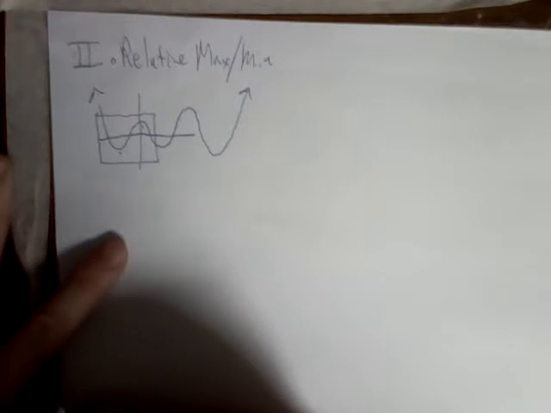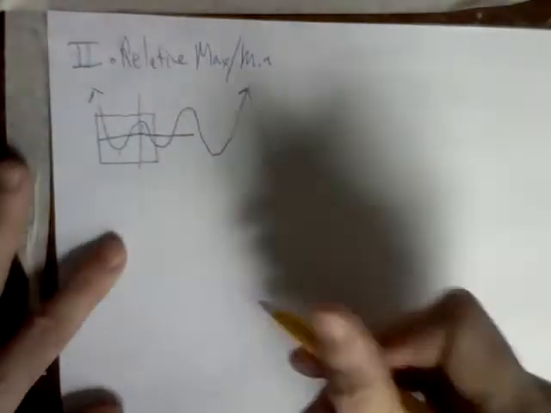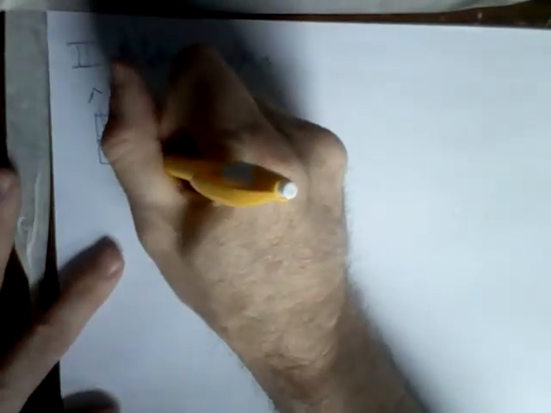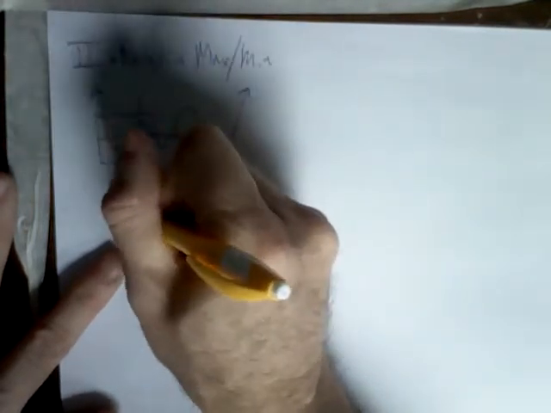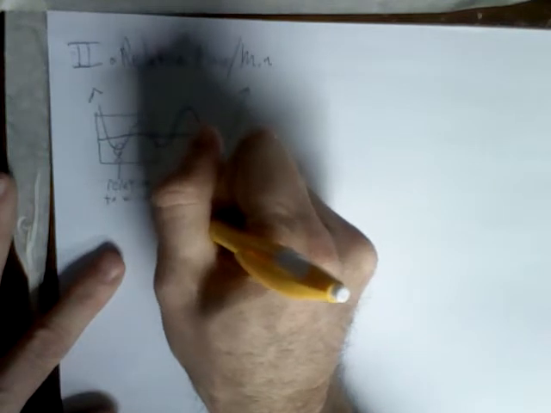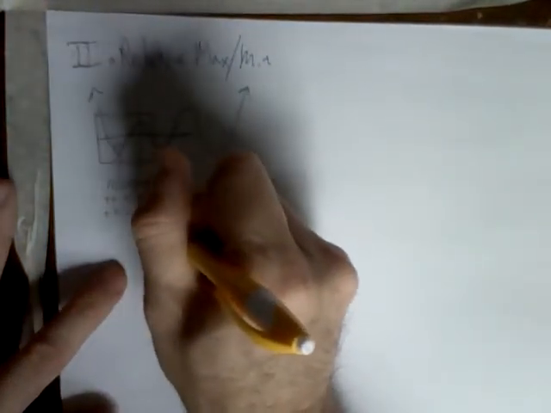And the book will give us a big, nice, long definition for that. But in a nutshell, that's really what they're talking about. So maybe we can write, hey, look at this. Relative to the window, this is a min.